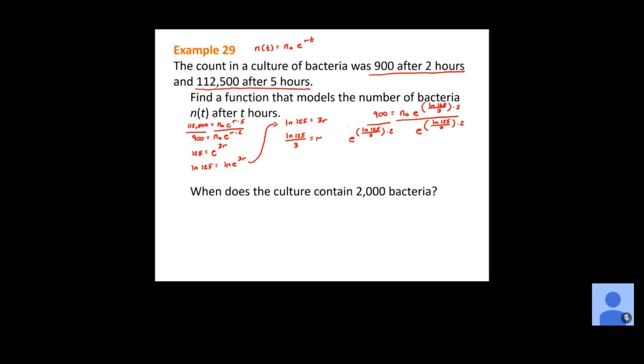Now, if you do that, just be very, very careful how you group things. The 2 needs to be in the exponent with everything else. So if you even wanted to write that as 2 natural log of 125 over 3, you could do that. And just make sure, again, all of that's in the exponent of the e when you do your division. Now, if we do that, what are we going to get?